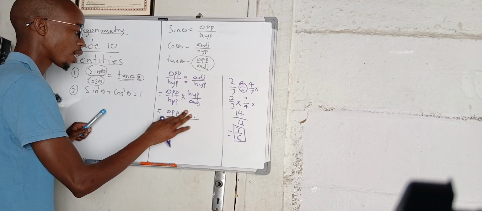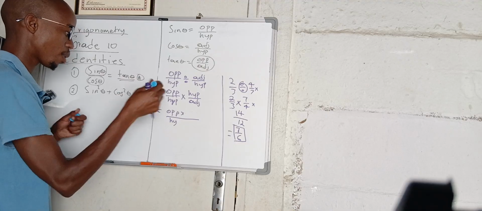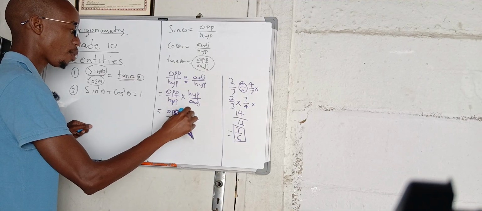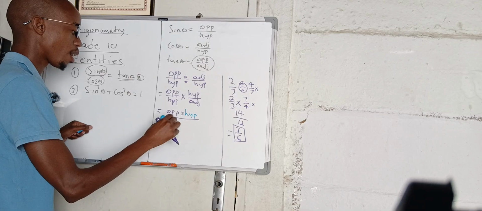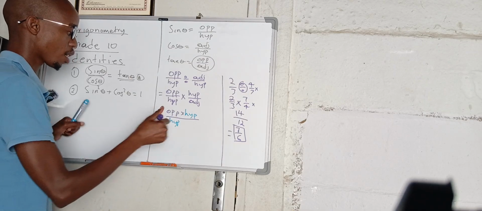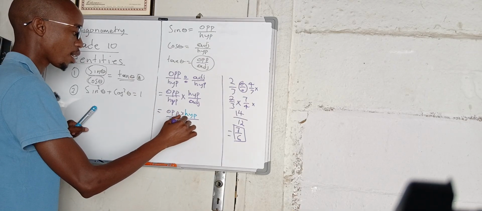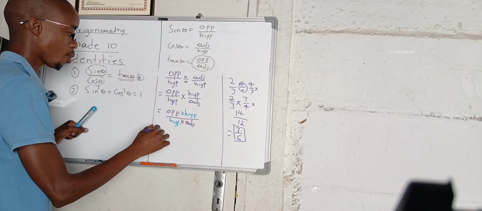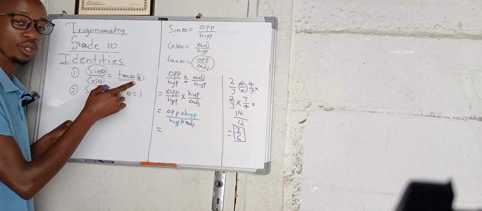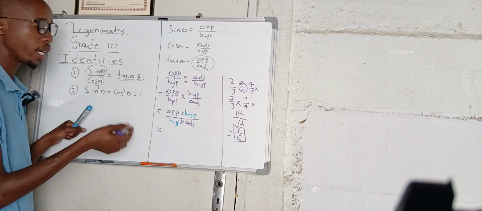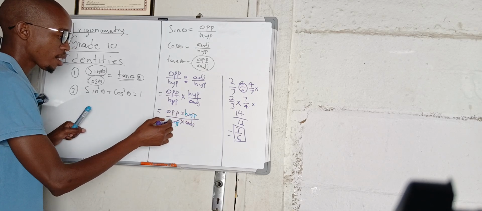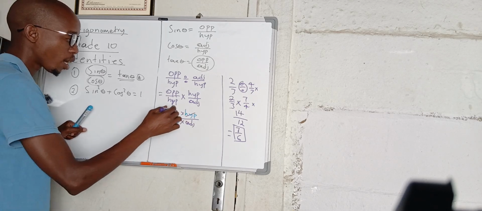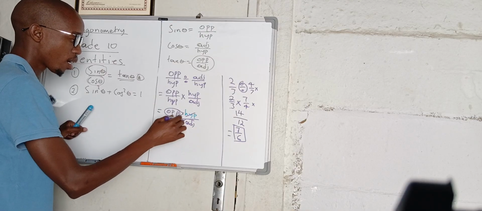Let me use a different color here such that we can see the hypotenuse, because they are the same thing, and we can end up cancelling at the end. So what is it that you see? We have hypotenuse on the top, in the numerator, and also hypotenuse in the denominator. So we can cancel the hypotenuses, and we end up having opposite over adjacent.